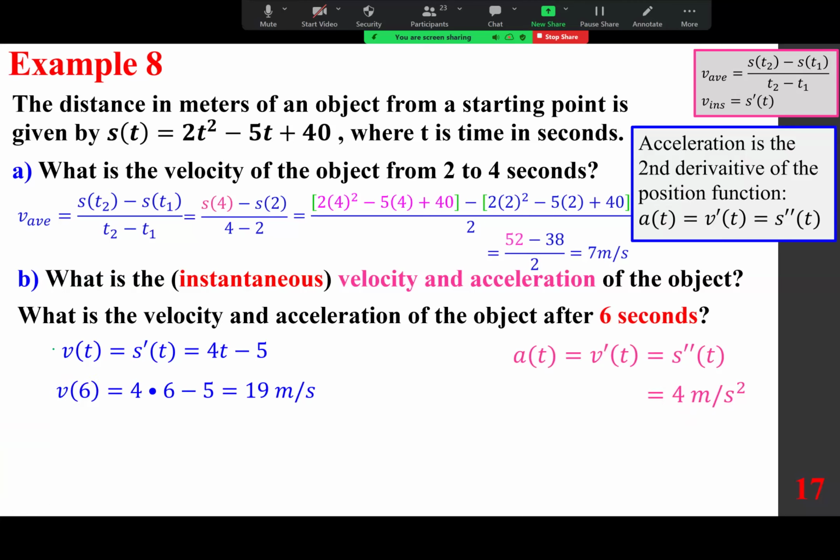I'm going to remind you that this means ds/dt, and the units of distance over units of time results in meters per second, whereas a of t means dv/dt, that means units of the velocity, meters per second, over units of time, seconds, results in meters per square second. Okay, everyone?